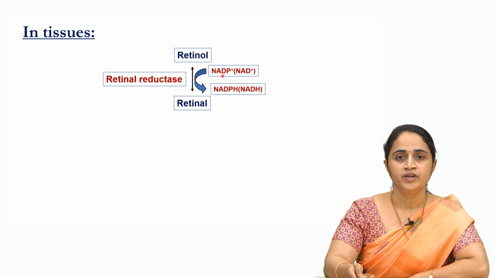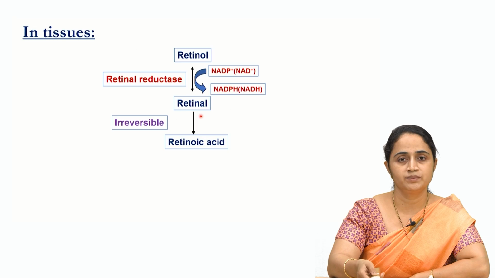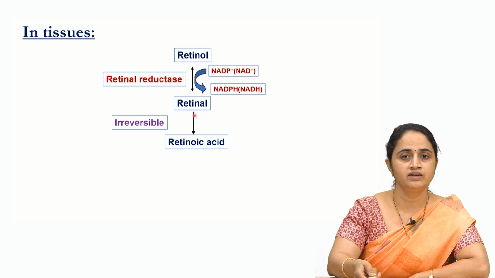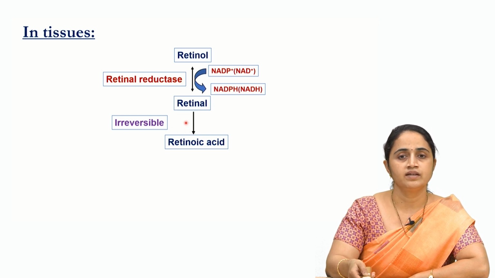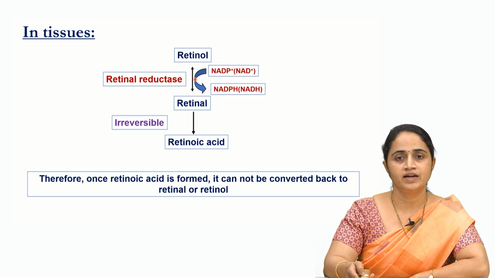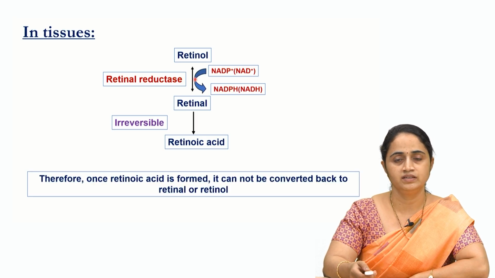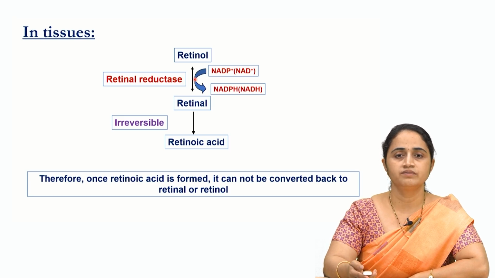Once this is converted into retinoic acid, this second reaction, which I am explaining now, is irreversible. So, whether it is retinol or retinal, once it is converted into retinoic acid, it becomes irreversible. That means retinoic acid cannot form retinal or retinol. Once retinoic acid is formed, it cannot be converted back to either retinal or retinol.